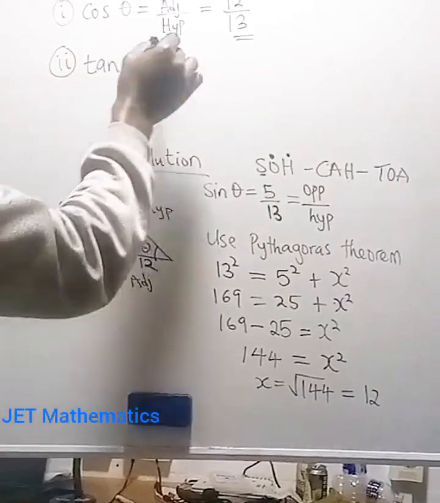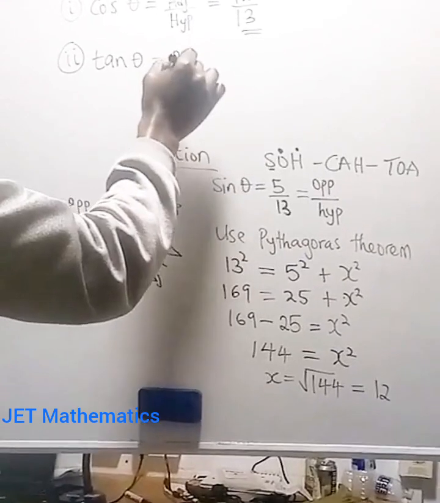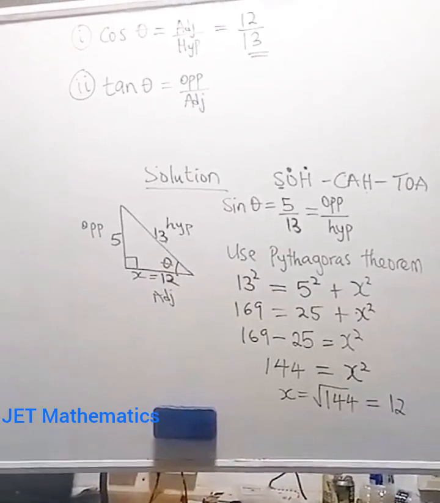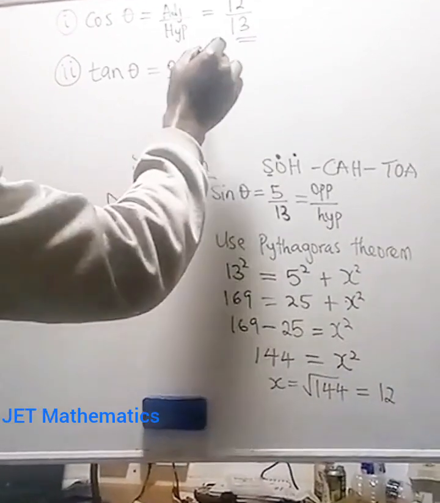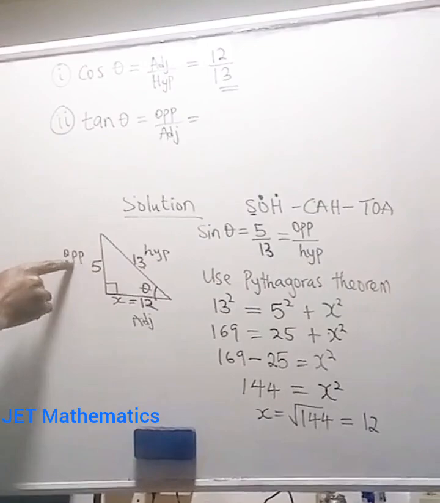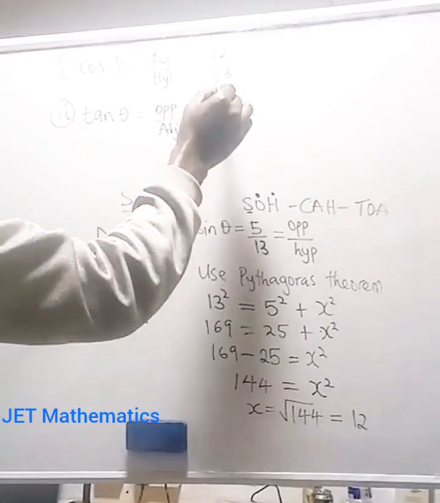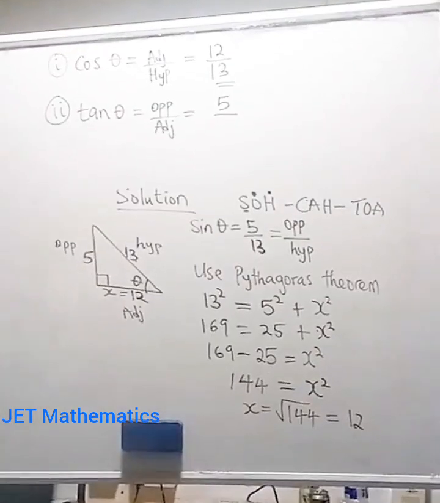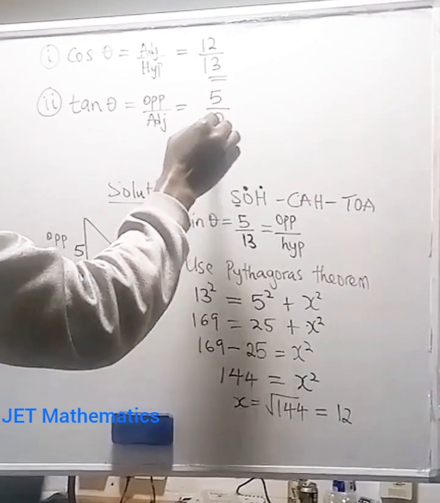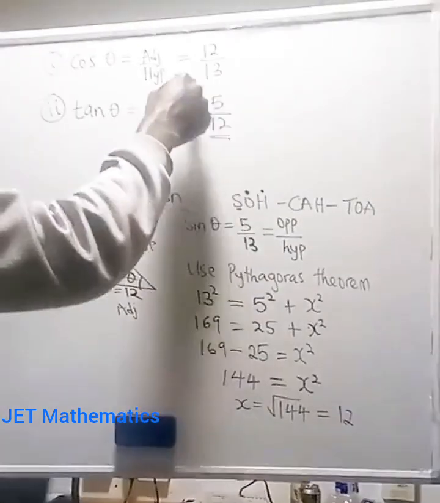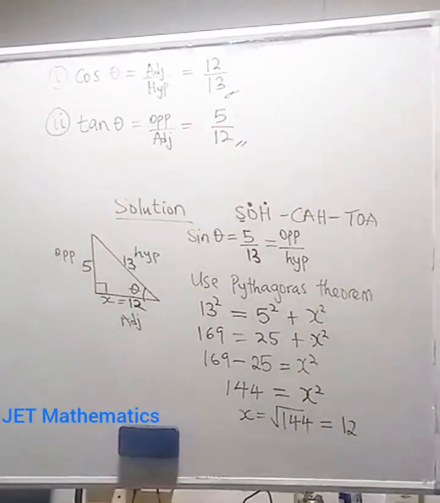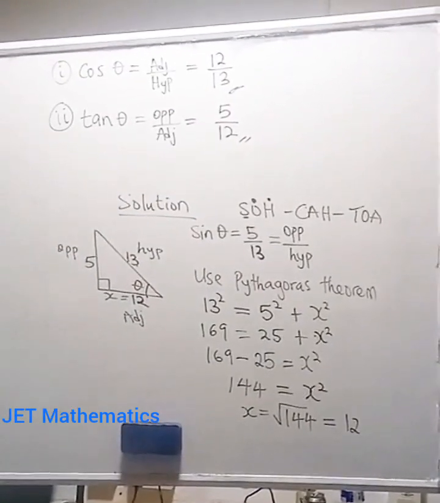So tan theta is opposite over adjacent, and that is equal to: our opposite is 5, you can see it here, 5 over our adjacent is 12, and we are done. So it's quite easy and straightforward to solve.